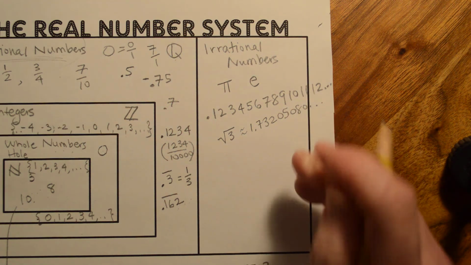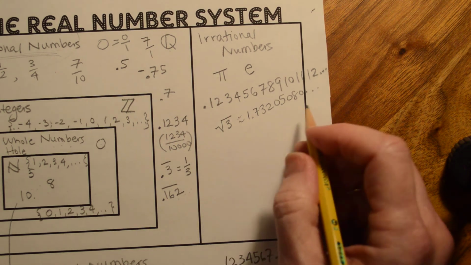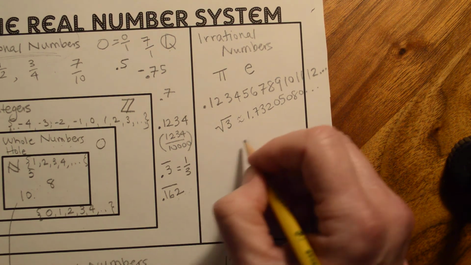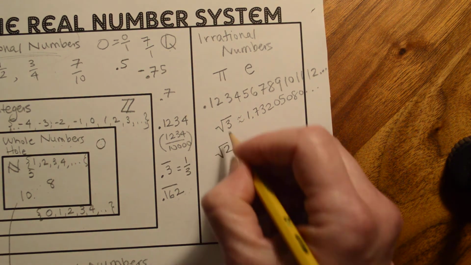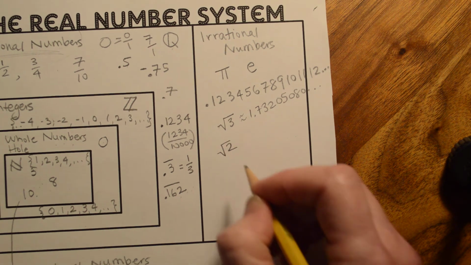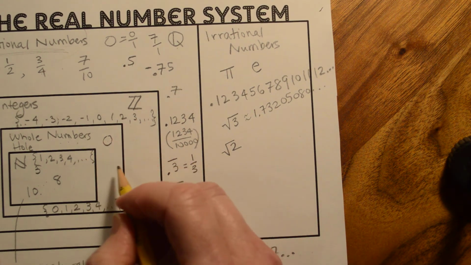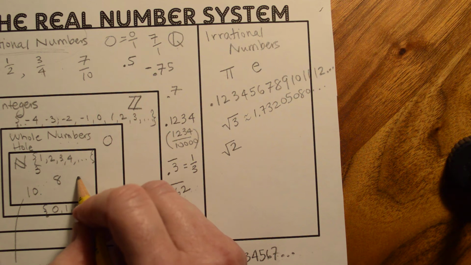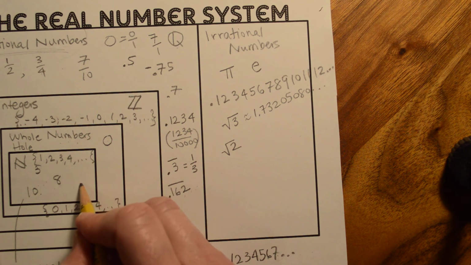It does not ever end. So any number that doesn't have a perfect square would be in here. Square root of 2, square root of 3, square root of 4, no. Square root of 4 would end up actually in the whole numbers or even the natural numbers because square root of 4 is just 2.